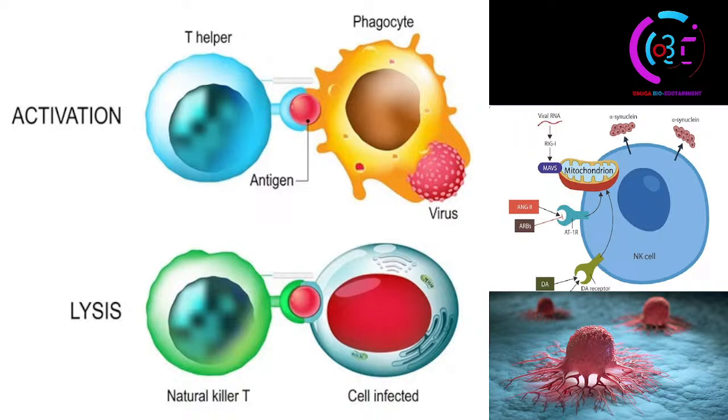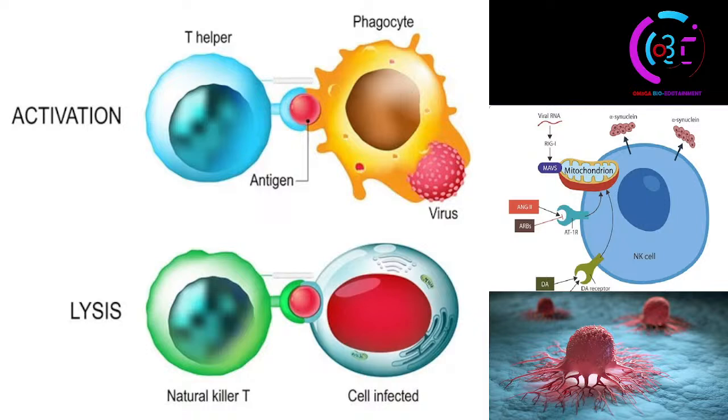Okay, natural killer cells also contain on their surfaces certain chemicals like glycoproteins. What do these glycoproteins do? This glycoprotein is what they use to recognize that there is a foreign body.